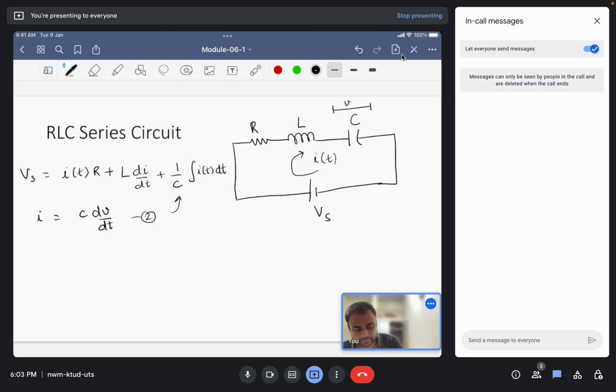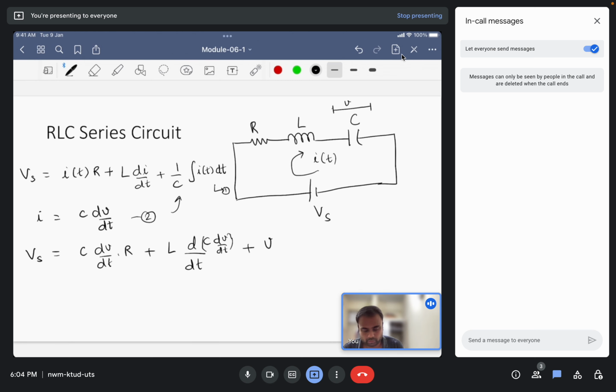Substituting this in 1, Vs is equal to C dv/dt times R plus L d/dt of C dv/dt, and we can simply write the third term as small v, the voltage drop across the capacitor.